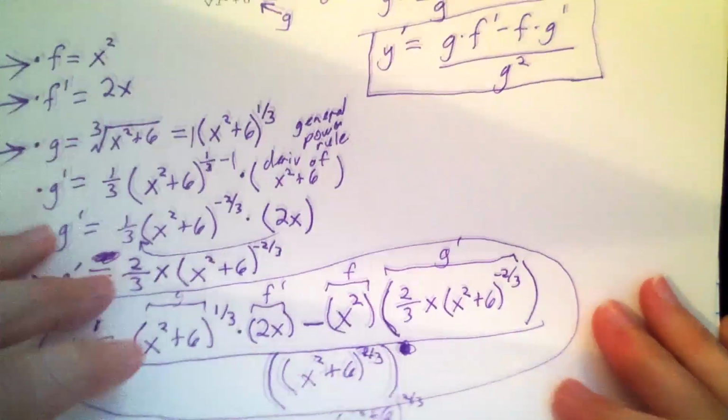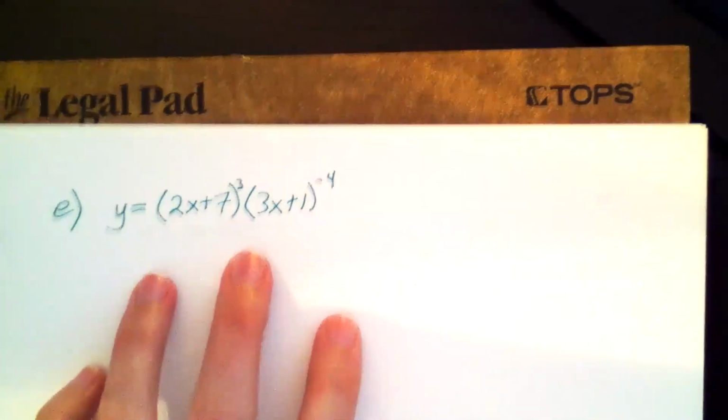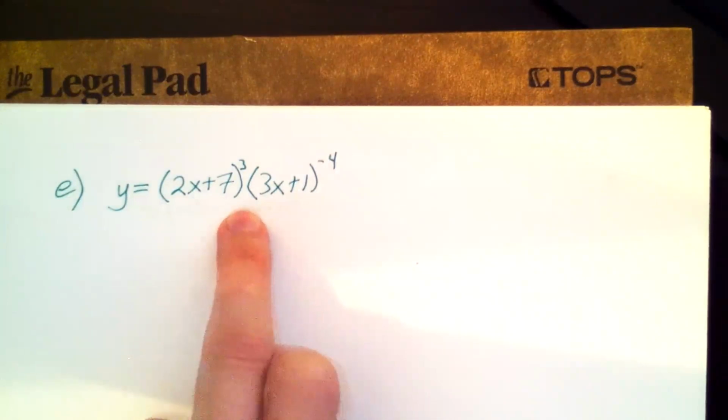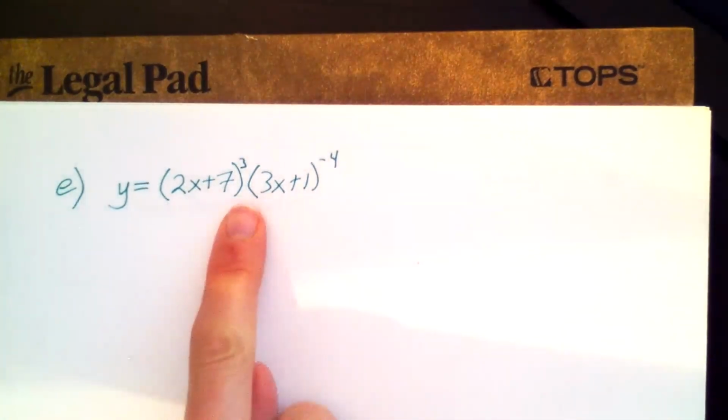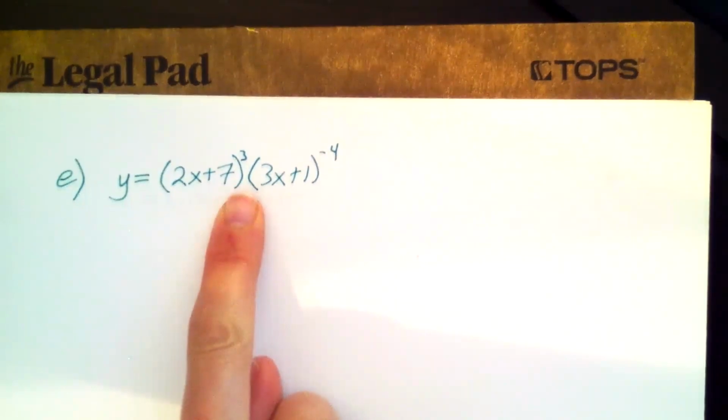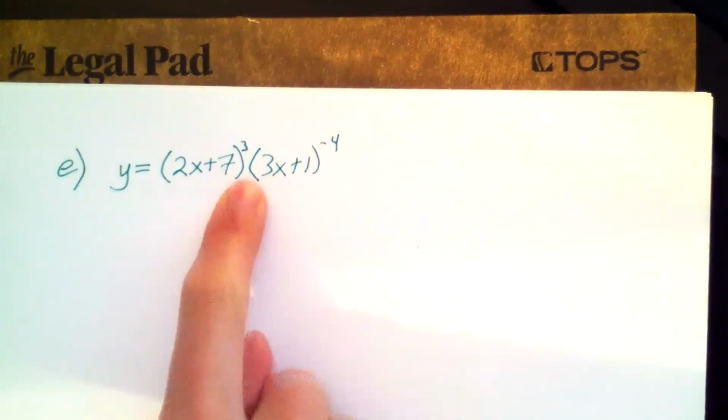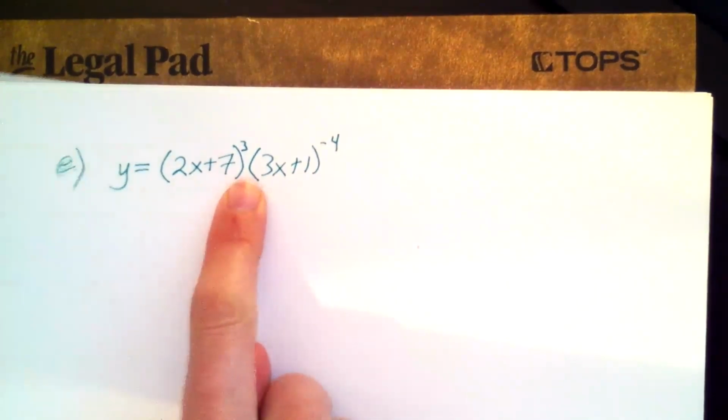Now, the very last one that I want to do today is the derivative of this equation. But before we start this one, I would like to review a little bit about pulling out greatest common factors.